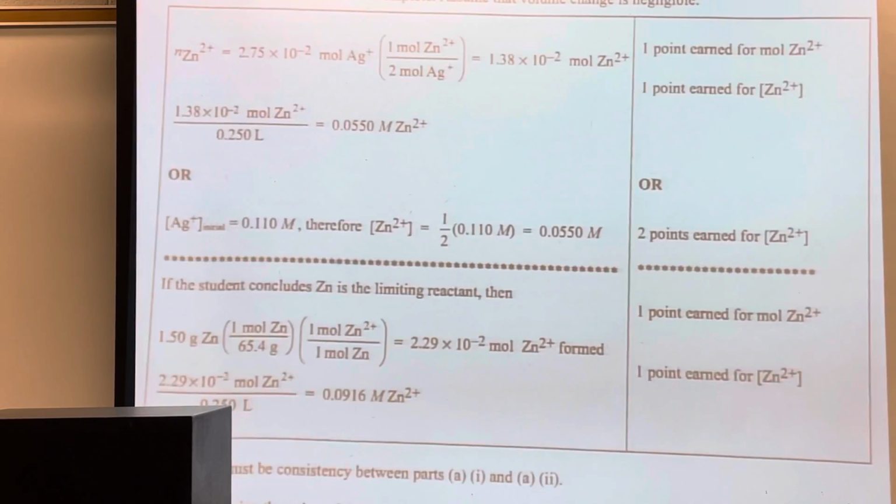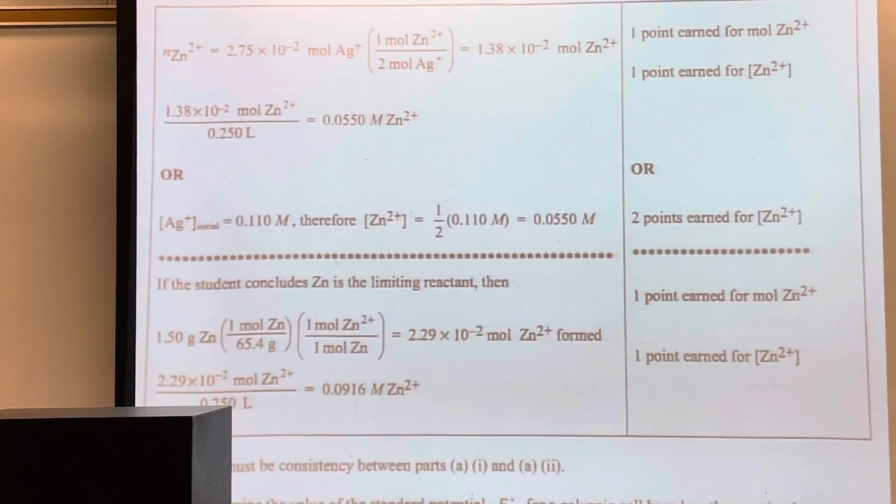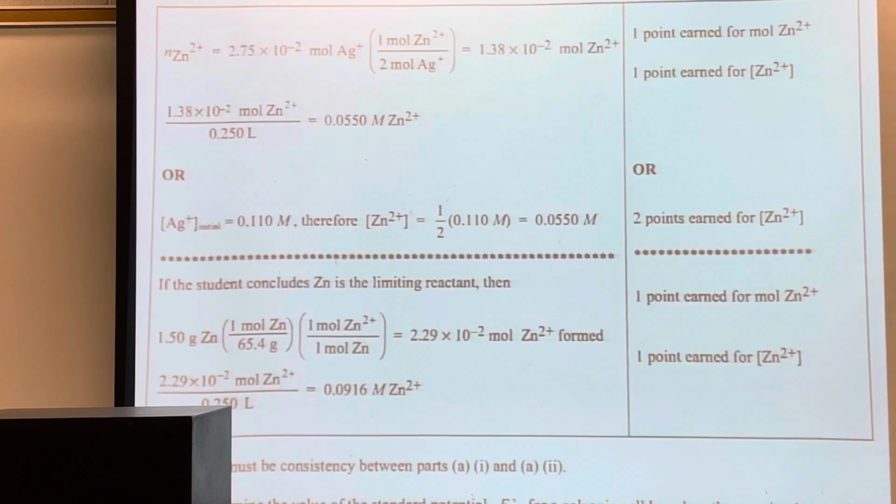Yeah, this was part B. This should have been after the limiting reactant. On the basis of the limiting reactant you identified, part 1: determine the value of the zinc concentration after the reaction is complete. Okay? That's just a stoichiometry problem.